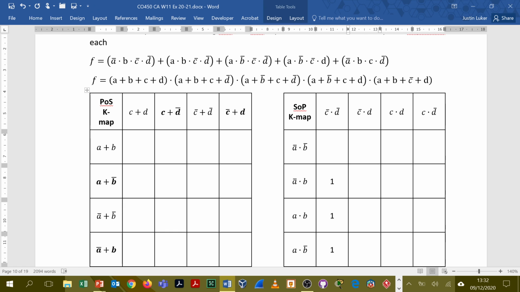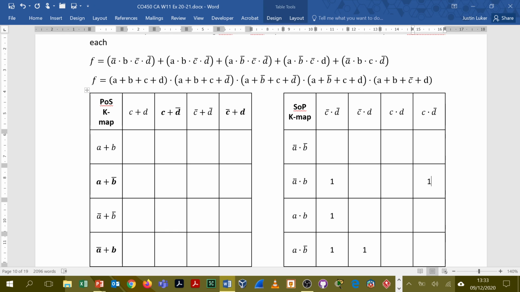Then A, not B, C, D, which is that one. Then we've got not A, B, C, not D, that one. Okay.